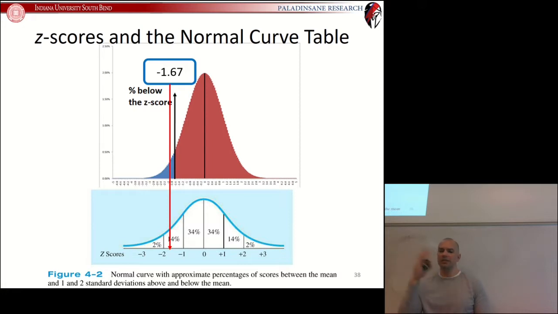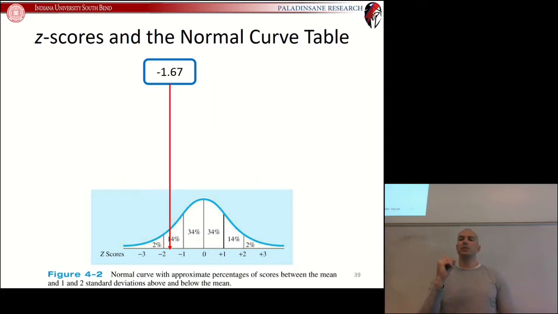Where is it on this make a rough estimate figure right there? And then the next thing is we determine what's the low end of our estimate and what's the high end of our estimate. So for example, we know that that's where our z-score is. So it's going to have to be this section of the distribution.